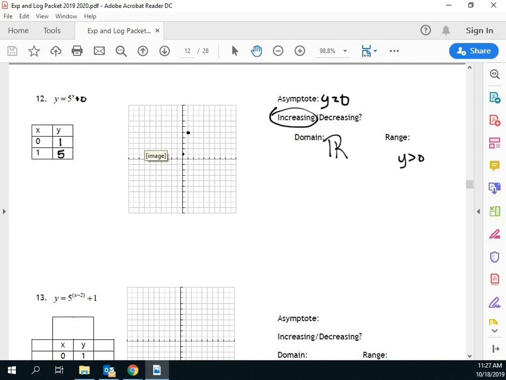So this is how you graph it, guys. The two things I need from you. The first one's going to be the asymptote. So we go ahead and graph the asymptote, which is just the x-axis, right? Then you just go ahead and graph the function.